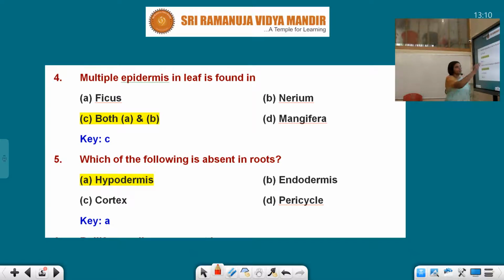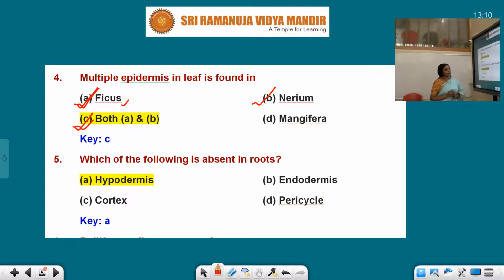Here, Nerium is a plant which grows in dry conditions, and in your NCERT book it is written that Ficus is also having multi-layer epidermis. So both A and B are correct, so the answer is C.